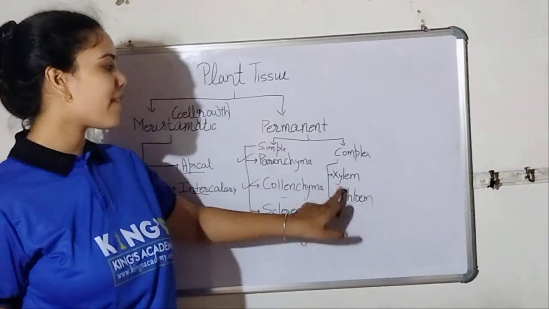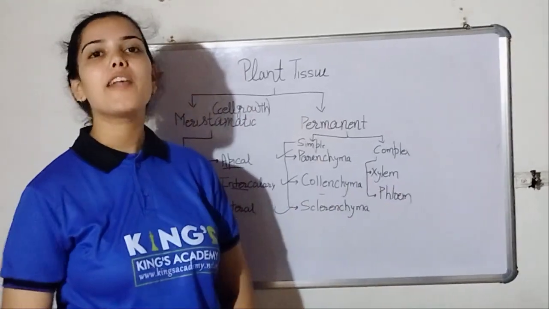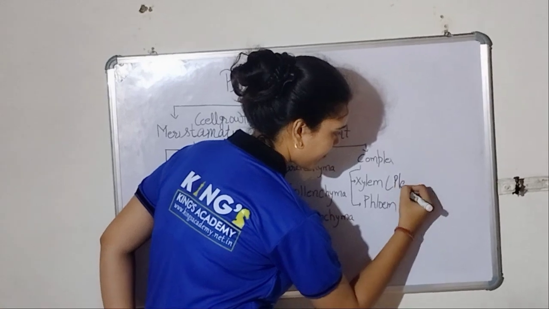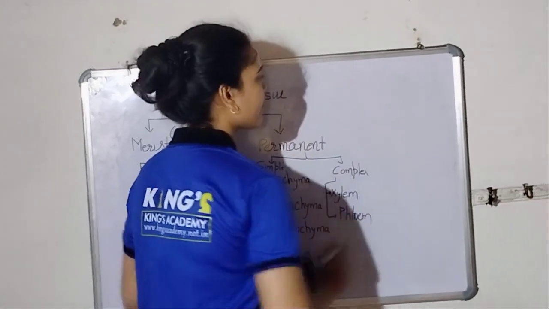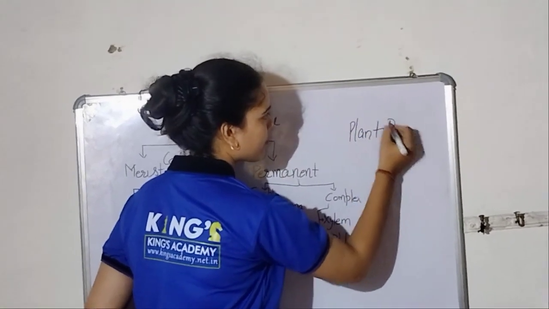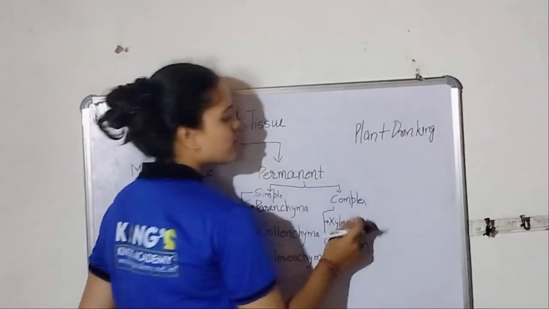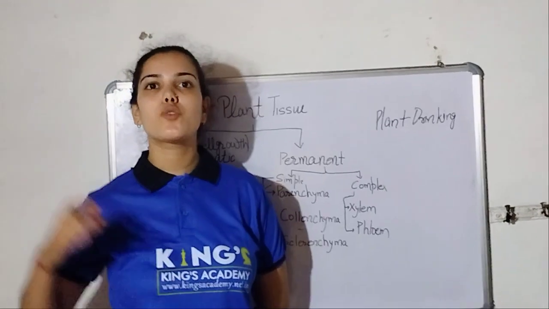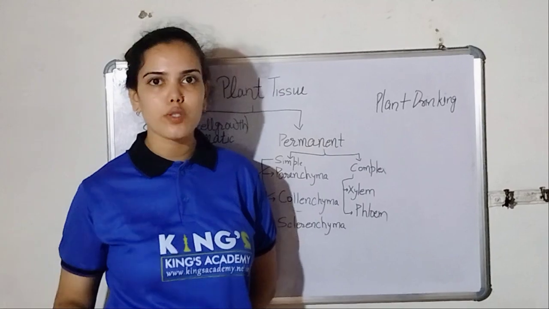After this, we have xylem cells and phloem cells. Xylem is basically known as plant drinking because xylem cells help the plant to get water and minerals from the roots to the upper portions of the plant.